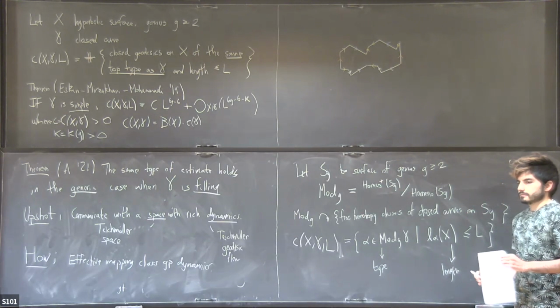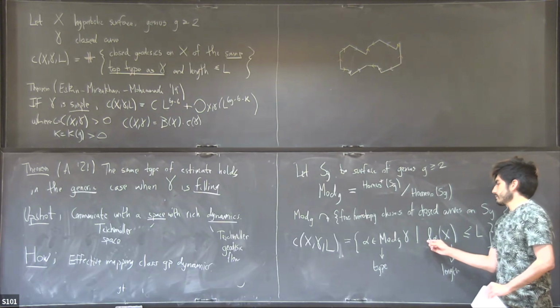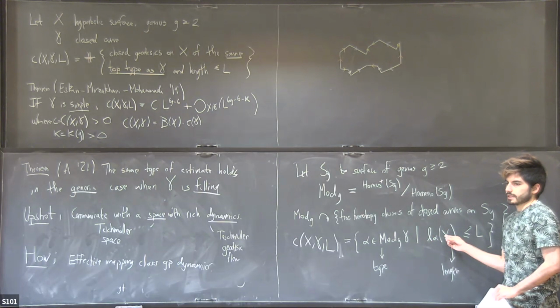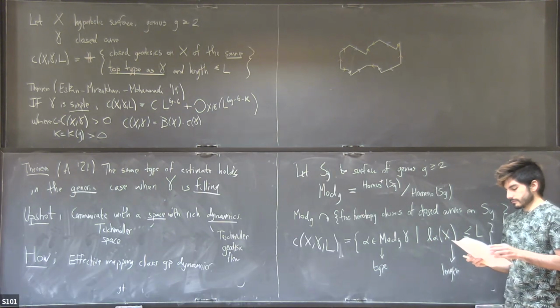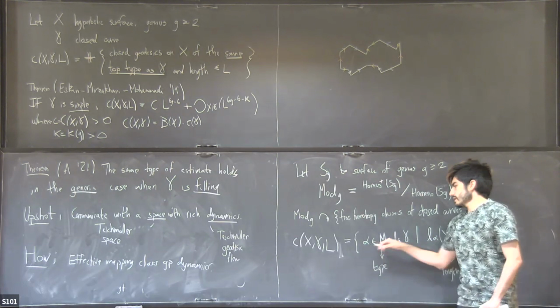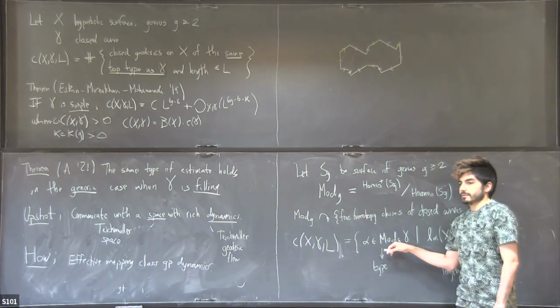What is this notation, length of? This is the length of the geodesic representative of alpha on the surface X. And alpha is a curve in the mapping class group orbit of gamma.